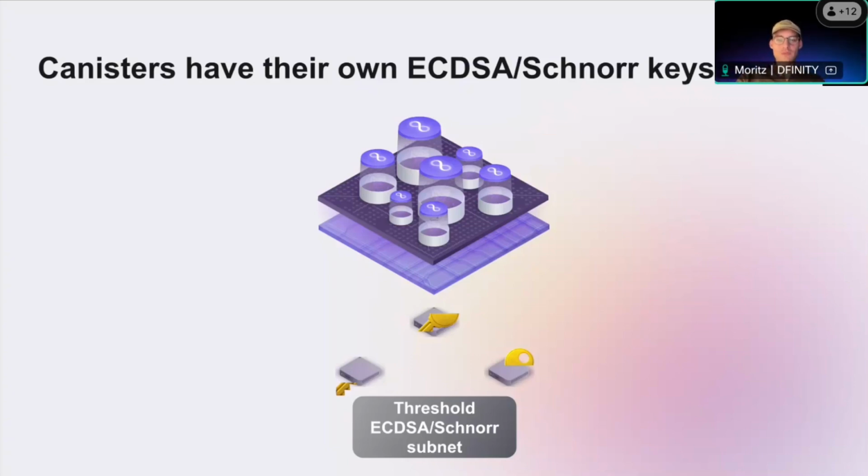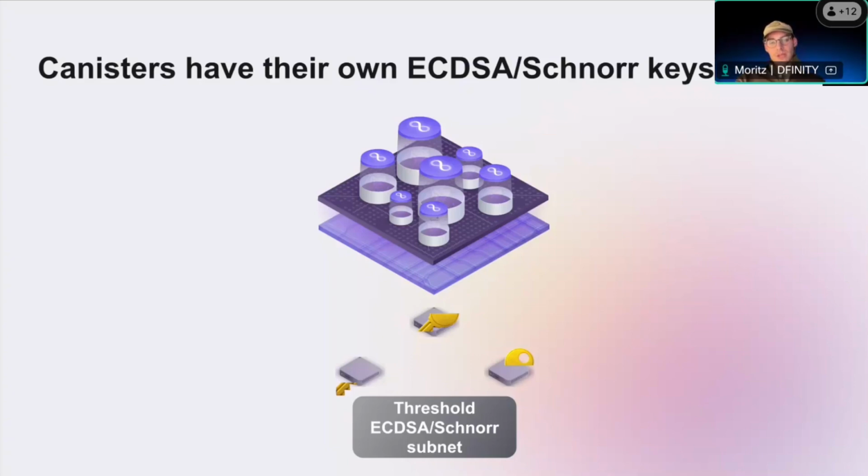And here at least 1/3 of the nodes are required to jointly create a signature using their respective key shares. And through this threshold signing capability, or threshold ECDSA capability, canisters on the Internet Computer have control over a unique ECDSA and Schnorr key pair, and they can also request signatures with the corresponding private key to be computed.